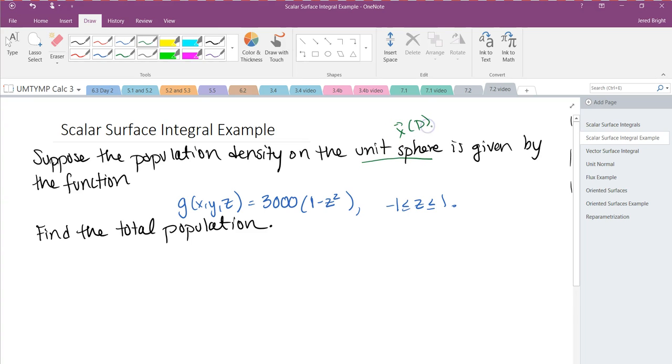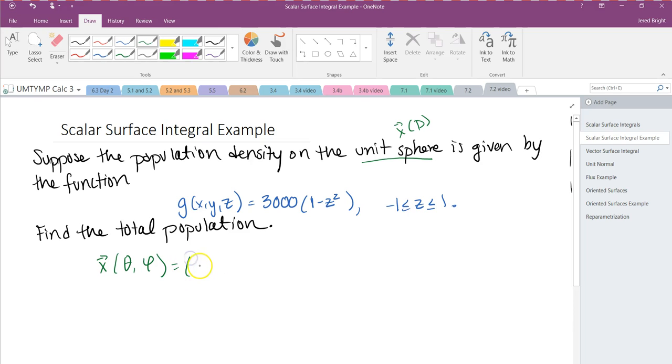All right, so let's get this parameterization going. We know that the sphere can be nicely parameterized in spherical coordinates, and we're only looking at the very surface, so theta and phi, that's what those are.